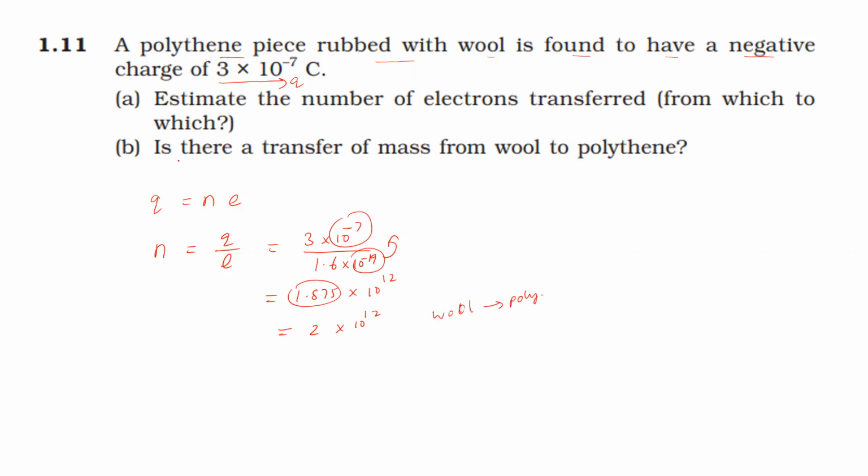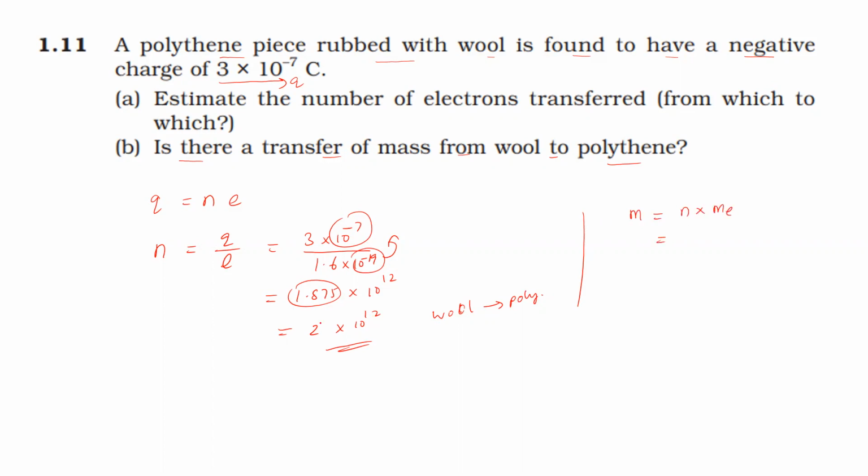Now the second question they are asking is, is there a transfer of mass from wool to polythene? As electrons are transferred from wool to polythene, surely polythene will gain mass. That mass is slightly greater than 0, because each electron has mass. Here nearly 2 into 10 power 12 electrons are acquired by the polythene, so the mass of the polythene increased by N into the mass of one electron.